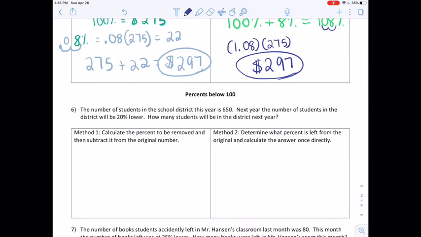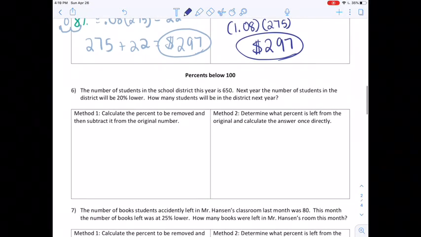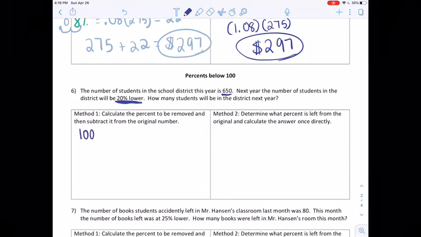Percents below 100. The number of students in the school district this year is 650. Next year, the number in the district will be 20% lower. How many students will be in the district? Method 1, calculate the percent to be removed and subtract it from your original number. So again, we have our 100%, which is what we're starting with, 650 students. I need to figure out what 20% of that is going to be.